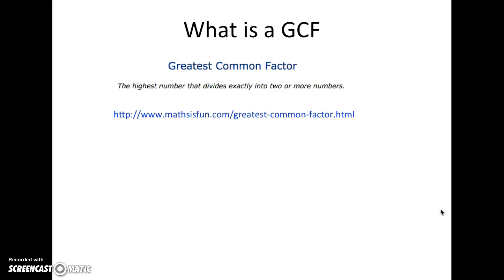So now let's talk about greatest common factor. We're now going to look at cases where there is a greatest common factor, and this definition is from the Math is Fun website: the greatest common factor is the highest number that divides exactly into two or more numbers. Let's take a look at an example. If you have the expression f of x equals -2x squared plus 2x plus 6, you notice that each of these terms can be divided by -2.